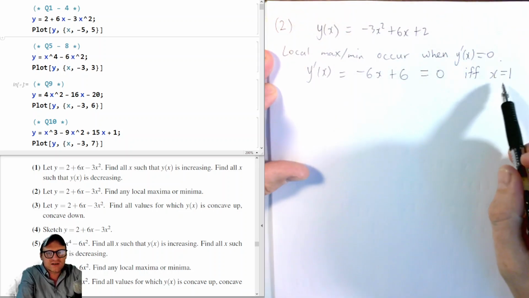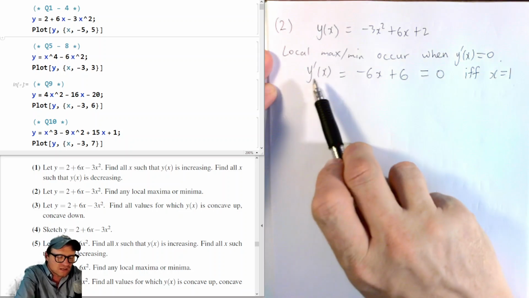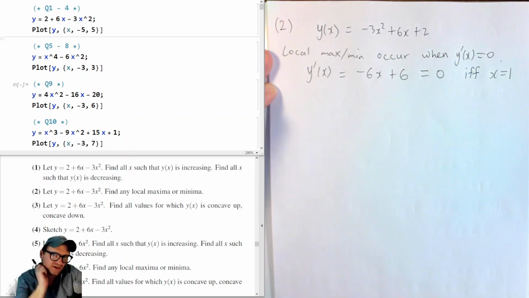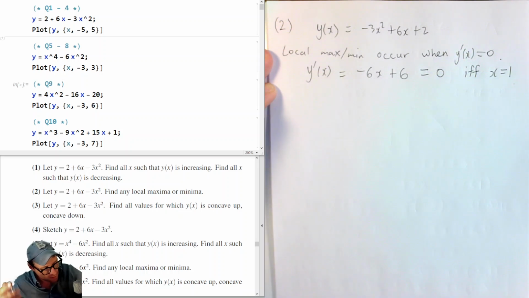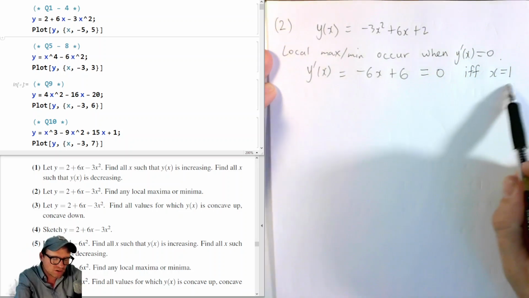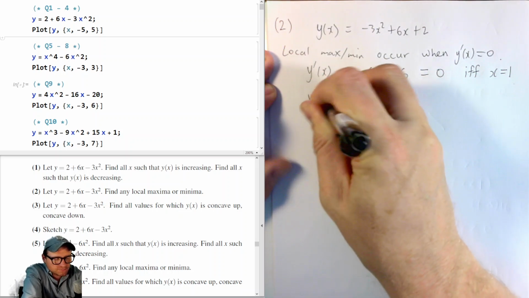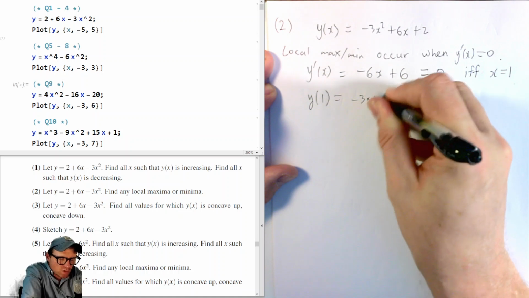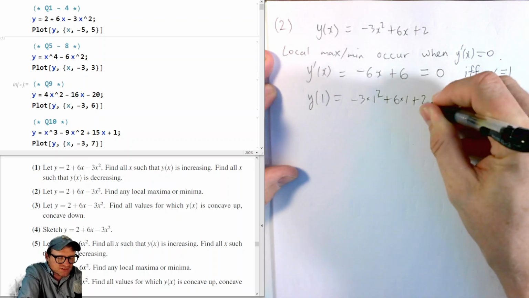Now what I'm saying here is this is the unique x value that gives derivative y dash equal to 0. Right? Because this has one solution here. Okay, so it will occur here, but let's form a point now. So y of 1 is equal to minus 3 times 1 squared plus 6 times 1 plus 2.